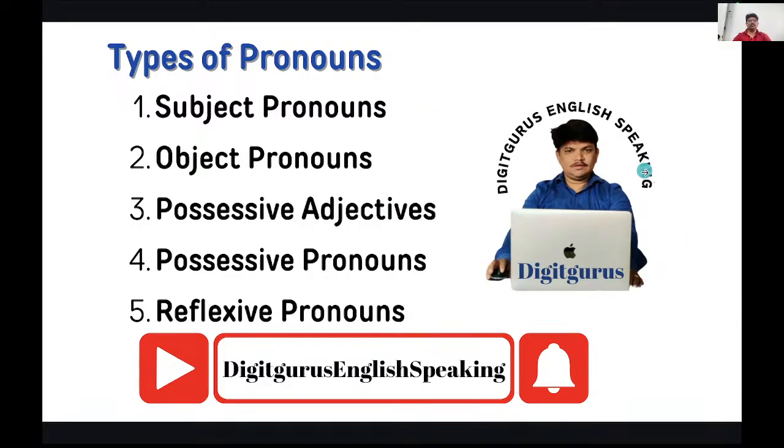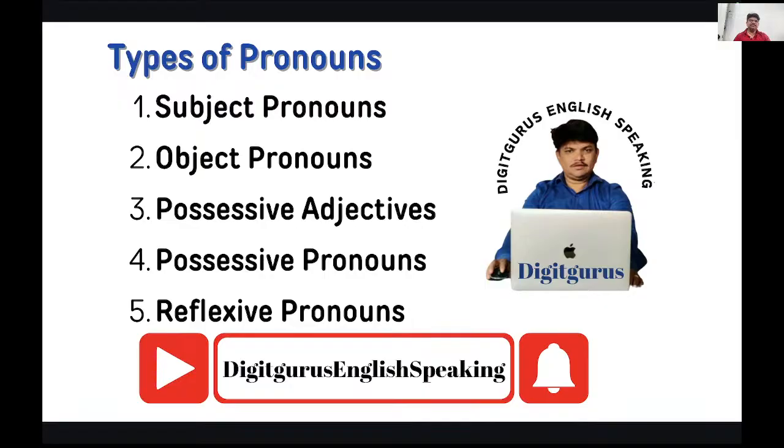Now let us move to the next slide, that is pronoun. So pronoun is a word that replaces a noun in a sentence. Examples of pronouns: he, she, it, they, we, you, I. These are all pronouns.